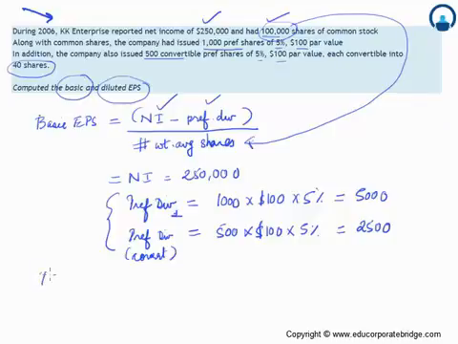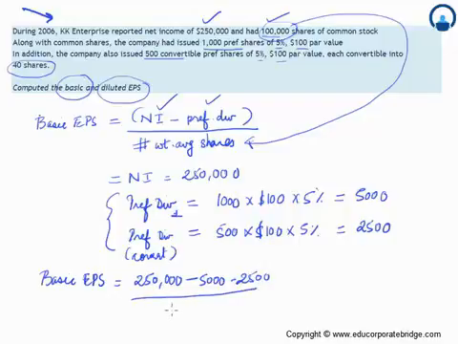So let's calculate the basic EPS. This is 250,000 minus 5,000 minus 2,500 divided by 100,000.